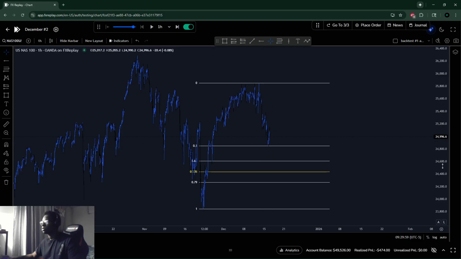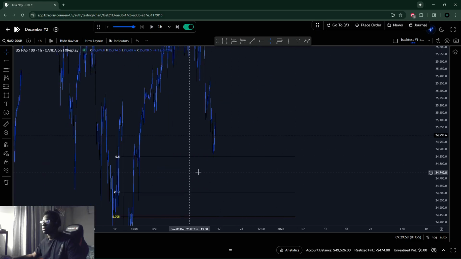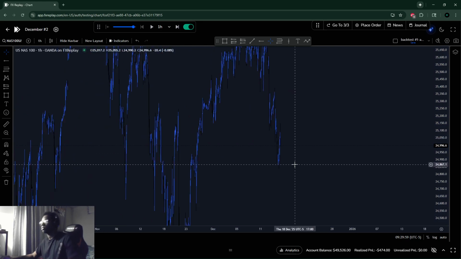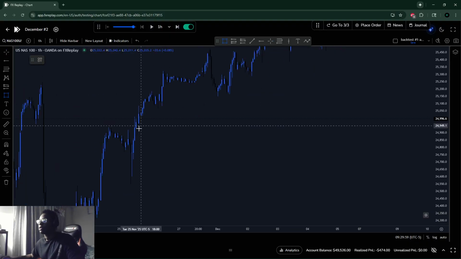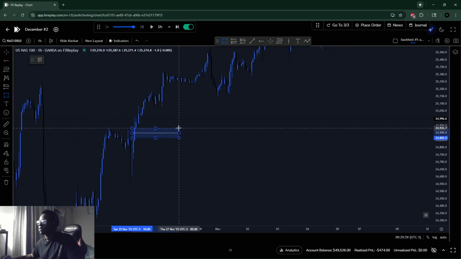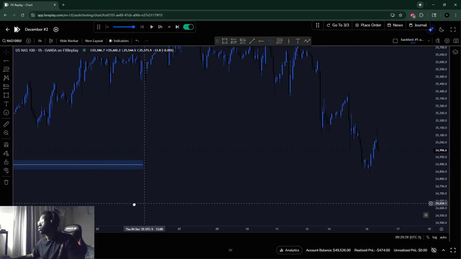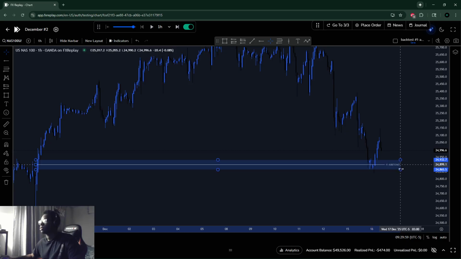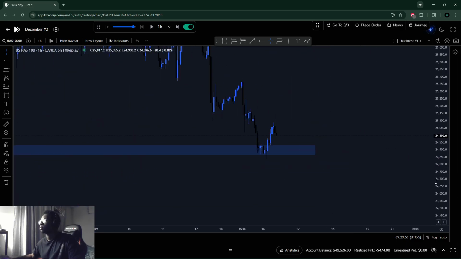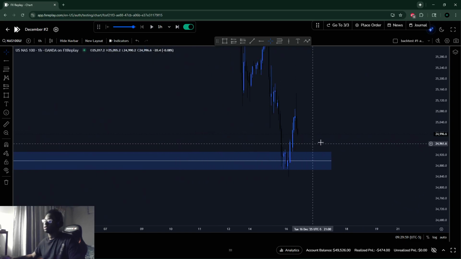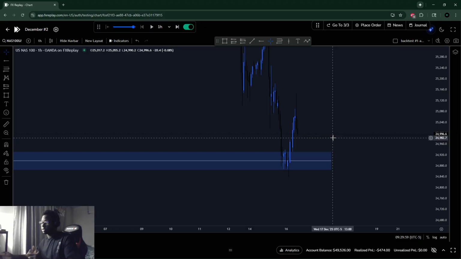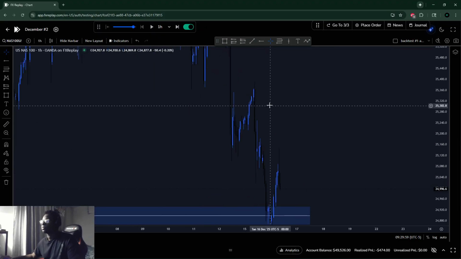This is the 16th. We just tapped the 0.5 level and retraced off of it, and there's a gap there that supported that retrace. So I'd like to see us continue bullish here, honestly.